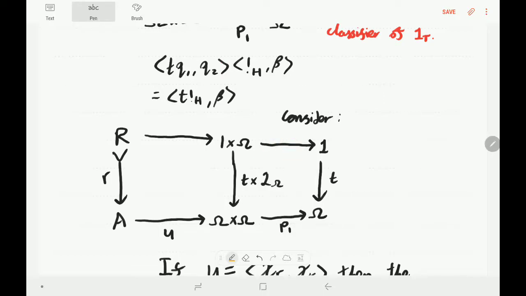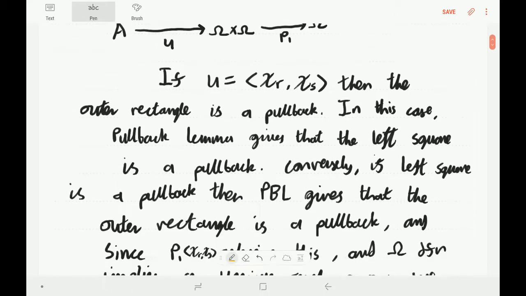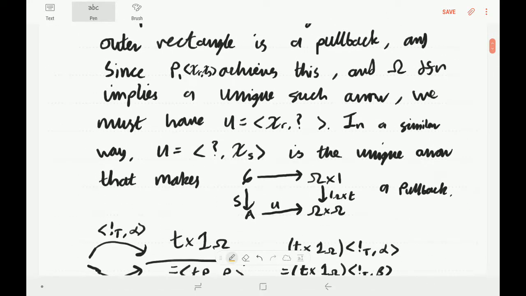So the first thing then is that there's a unique arrow U. This is theorem 13.2.